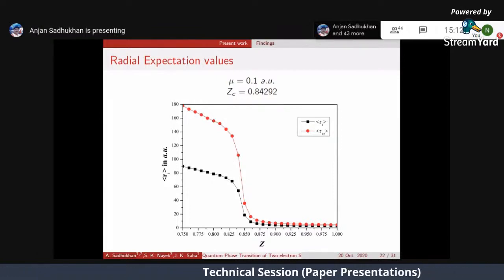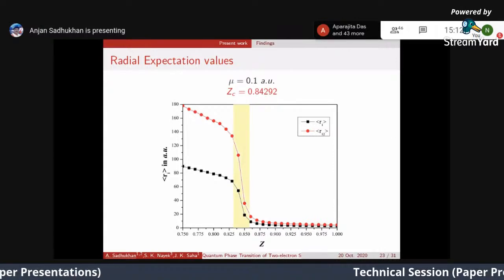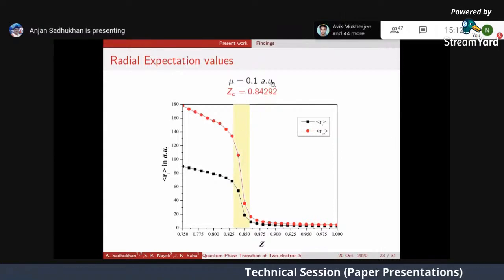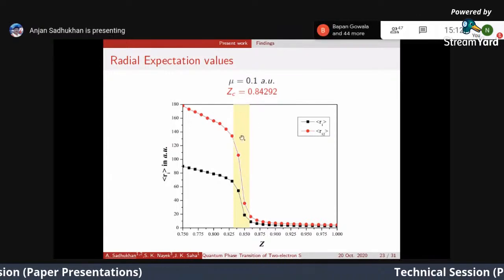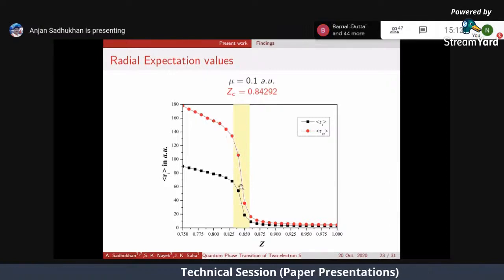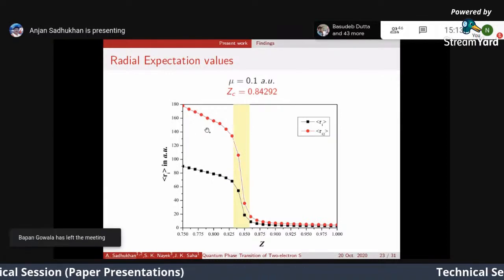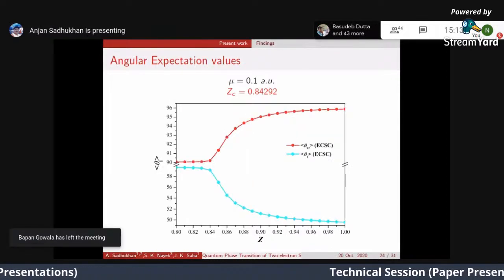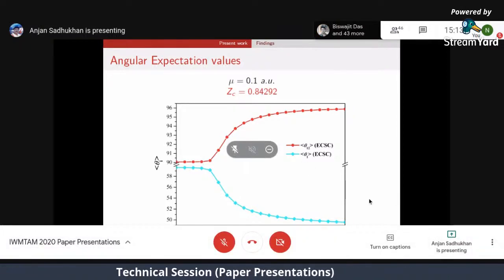But it is interesting to note that the limiting value of Z is close to the ZC value of the system. Here I have mentioned the ZC corresponding to the mu value 0.1 atomic unit, which is 0.84292. And it is shown here that the region where this abruptness occurs is around the ZC value of the system. Similarly, we have plotted the angular expectation values as a function of Z for the same value of mu.